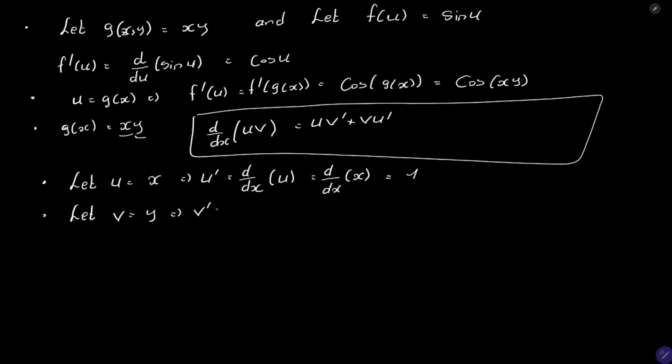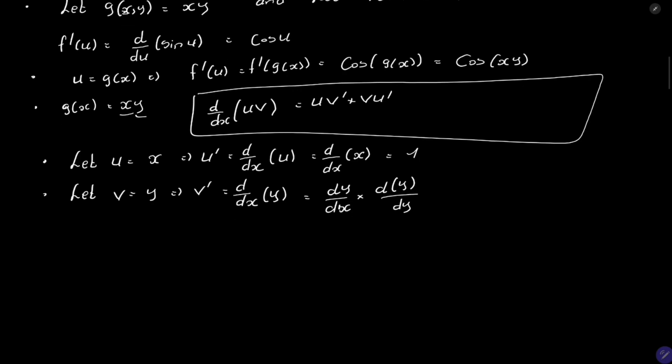This implies that v prime, which is the derivative with respect to x of y, is equal to dy on the x, the derivative of y with respect to y. This formula was well stated in the previous video when we were working on derivative of implicit functions.